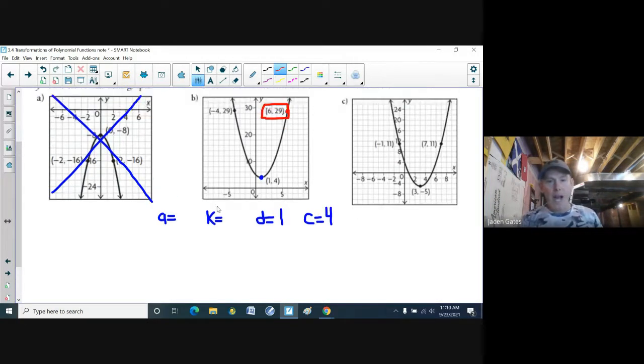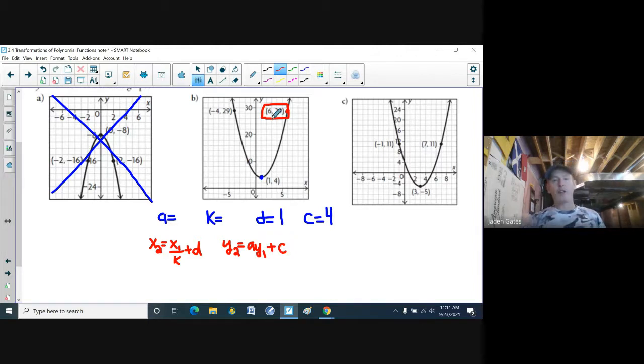Now, what I'm coming back to is our transformation formulas, where we have x2 is equal to x1 over k plus d. And then we have our other formula, where y2 is equal to a times y1 plus c.